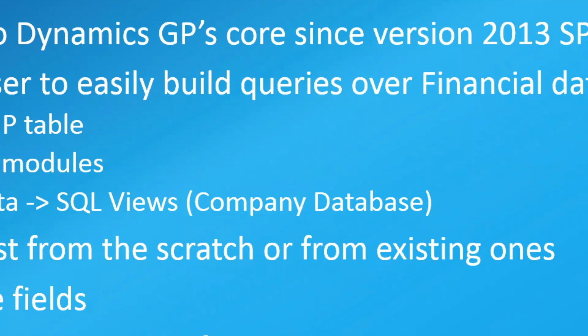So if you have information that is stored outside that database, you can use all the functionality that you have through SQL Server, build that view that you need on the company database, and then you can collect the information through Smart List.